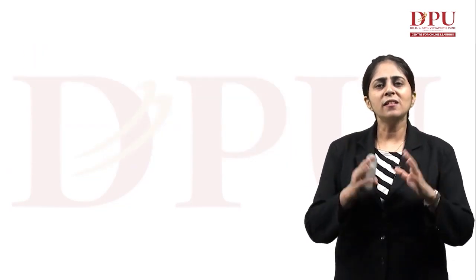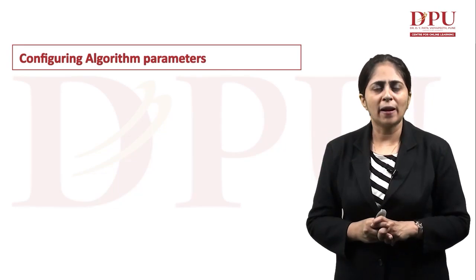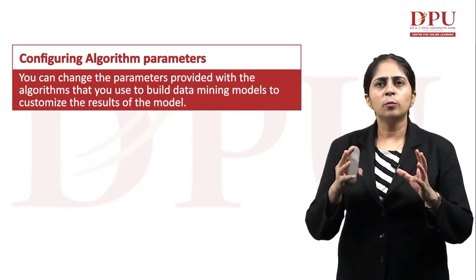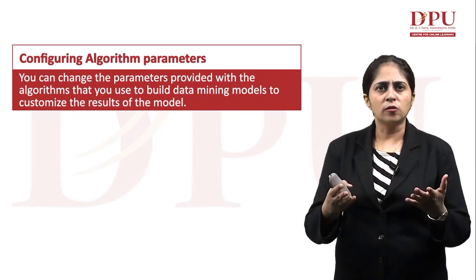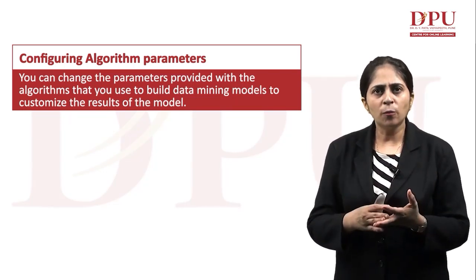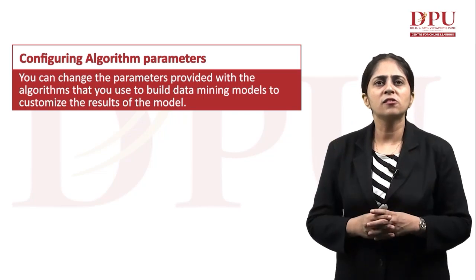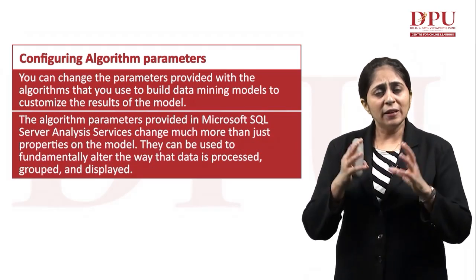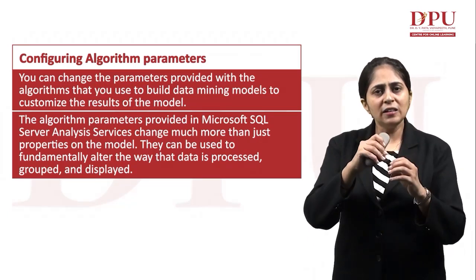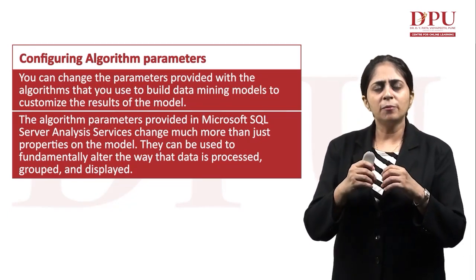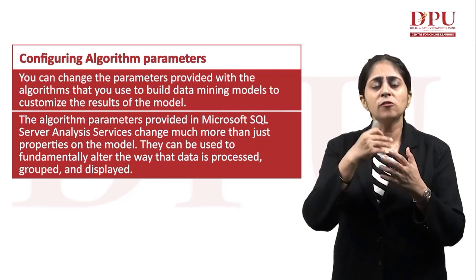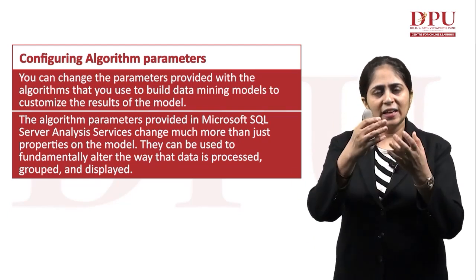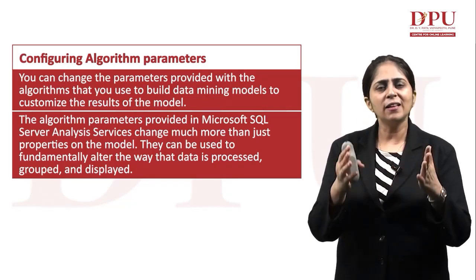Now our next topic is configuring the algorithm parameters. You can change the parameters which are provided within the algorithm that you use to build the data mining model to customize the results of the model. The algorithm parameter here means we take certain variables. A variable can be for storing some value. That means a variable can be A, B, C, D, X, Y, Z, any variable.